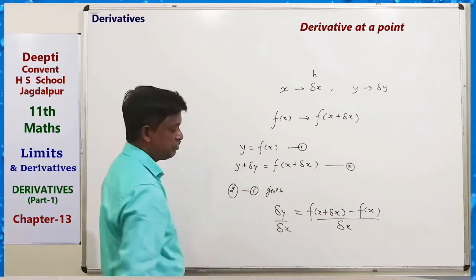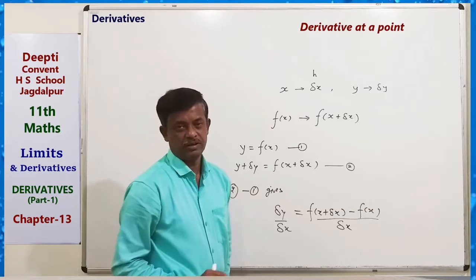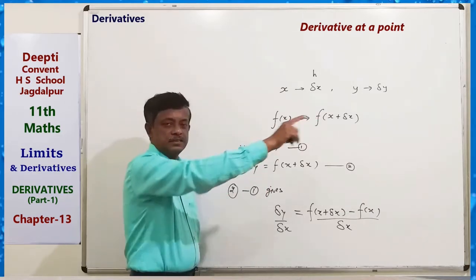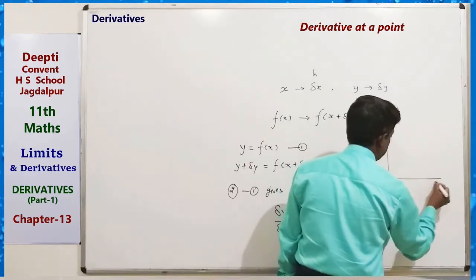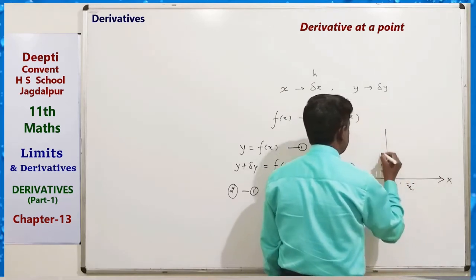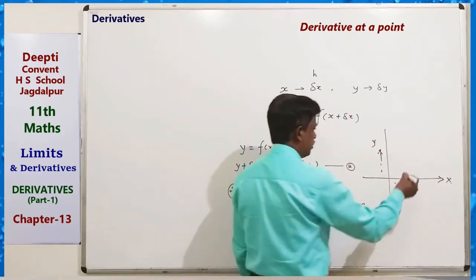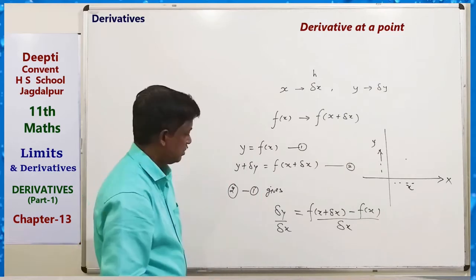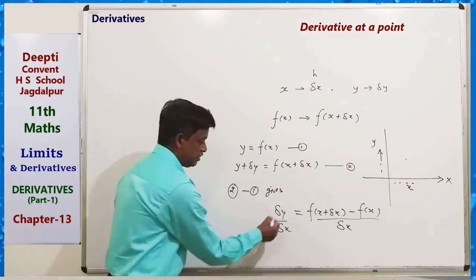So here, if we take a particular point, in this line x changes, in this line y changes. For a particular point, what is the change in y with respect to x? For finding that, we have to take the limit.